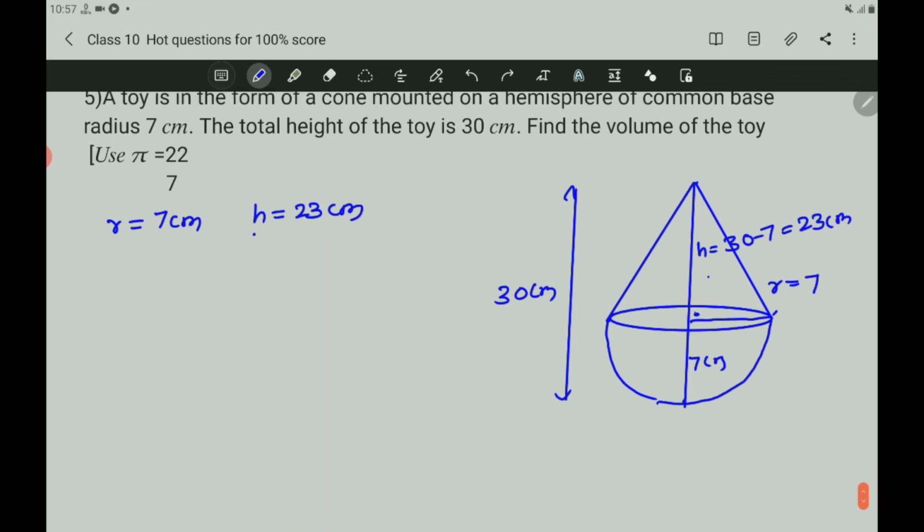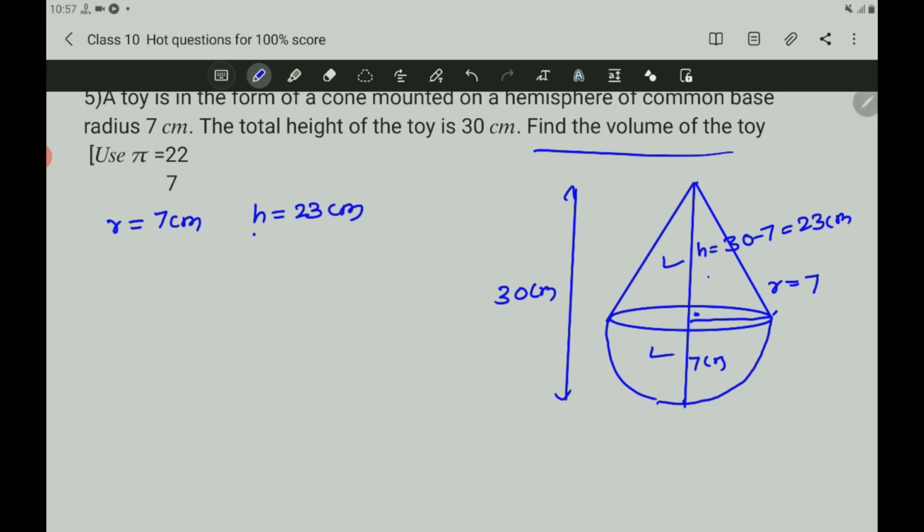Now let us write the formula for the volume of both. Here the total volume of the toy becomes the sum of the volume of the conical portion and the volume of the hemispherical portion.